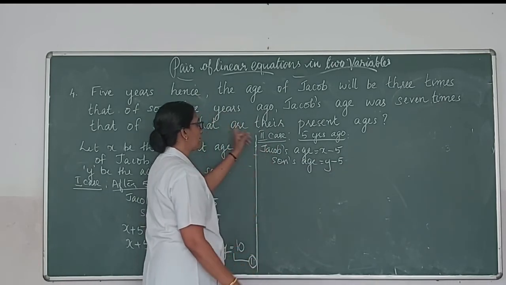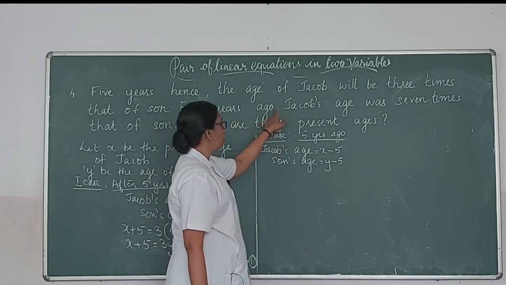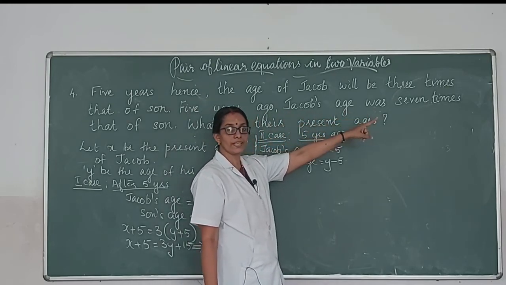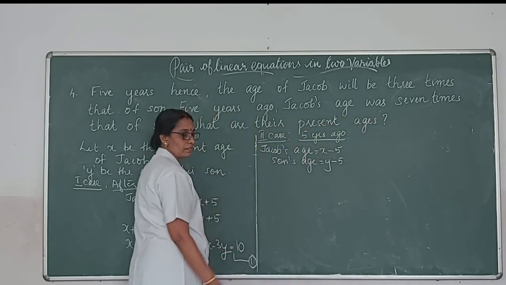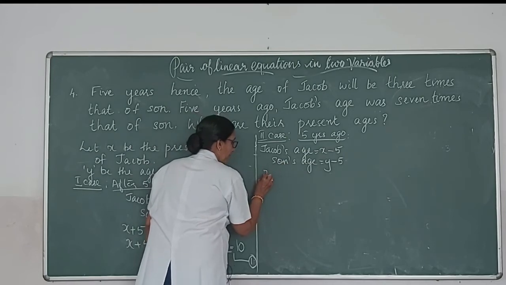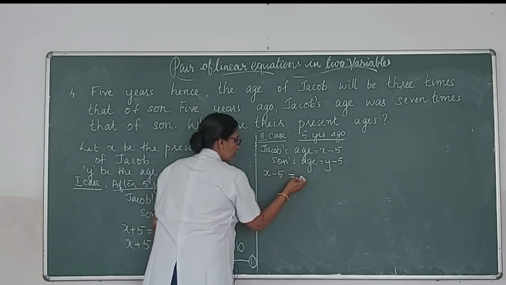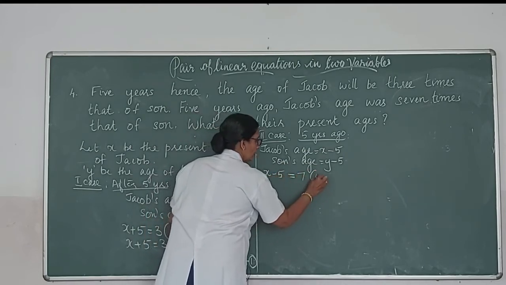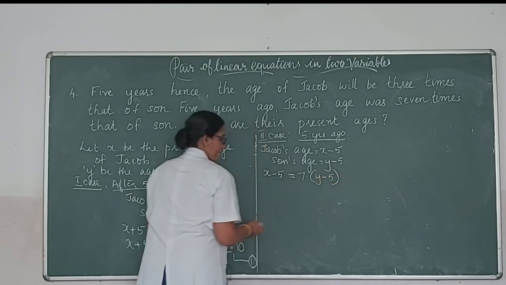Now we can come to the relation. 5 years ago, Jacob's age was 7 times that of son. So Jacob's age, x minus 5 equal to 7 times of y minus 5.